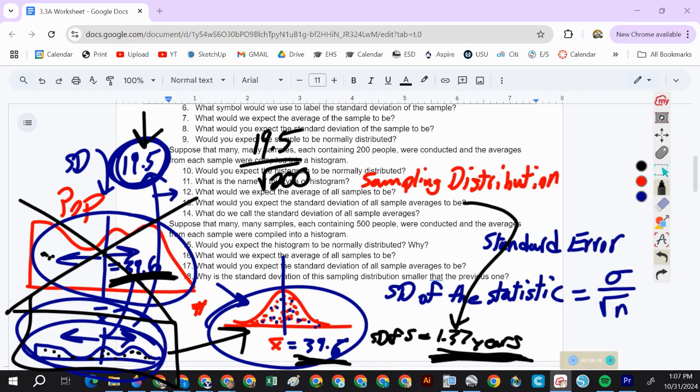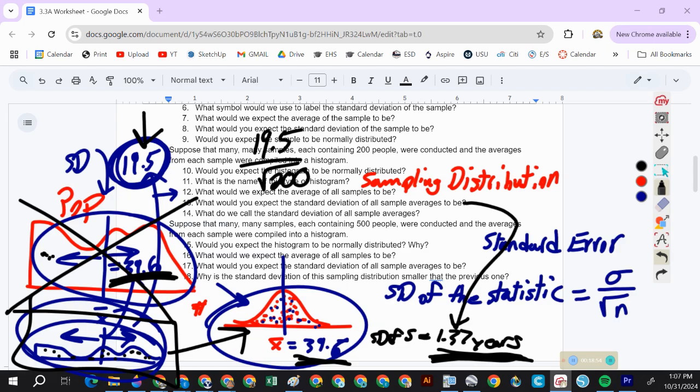Yes. Why? Well, not because of more people, because it's a sampling distribution. Just like number 11. Okay. What would you expect the average of all samples to be? It's still 39.6. That hasn't changed.